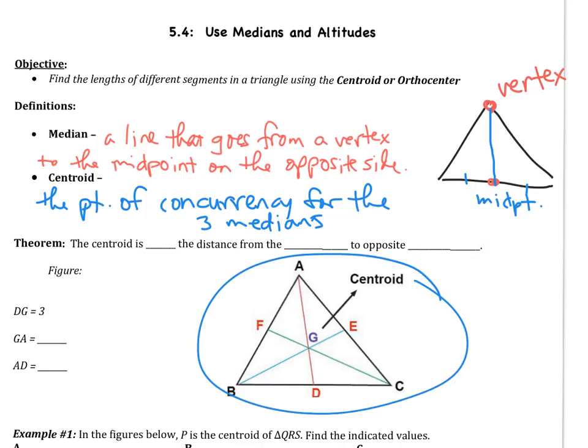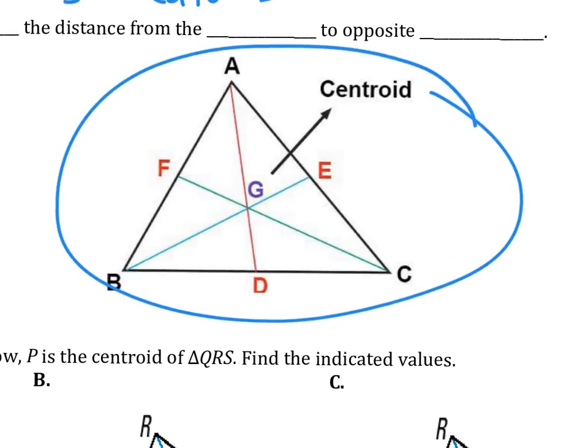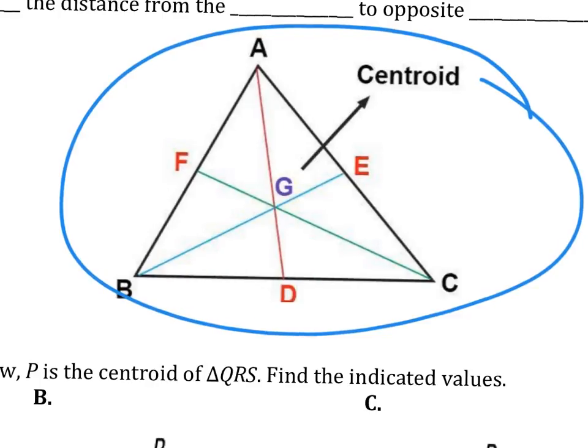BE in this picture below that I circled is a median, FC is a median, AD is a median, G is the centroid. It's where the three lines intersect. It's just a neat little exercise to show you where the centroid was. So you should have ended up with a picture that looked like this.